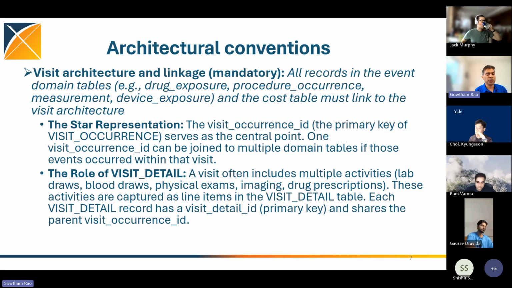The combination of the two tells you which foreign key it has to link to. Is it the visit occurrence ID or the visit detail ID? And also the cost event concept ID tells you which table field it goes to. And you'll see that in the next slide.